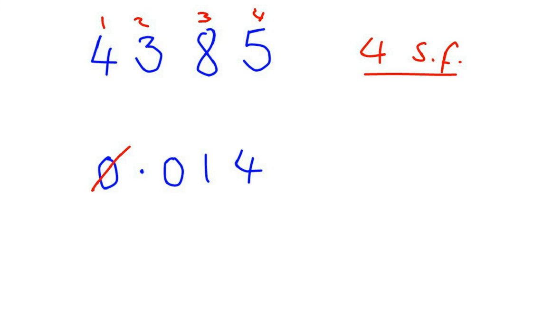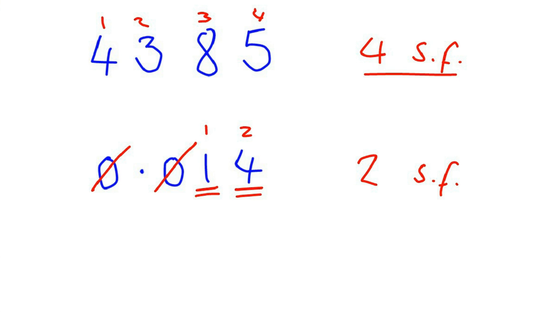We're looking for the first non-zero digit. The second 0 there is not significant. This 1 is our first non-zero digit, which represents the number of 100ths. Our 4 is our second most significant figure, and that represents the number of thousandths. So this number actually has 2 significant figures.